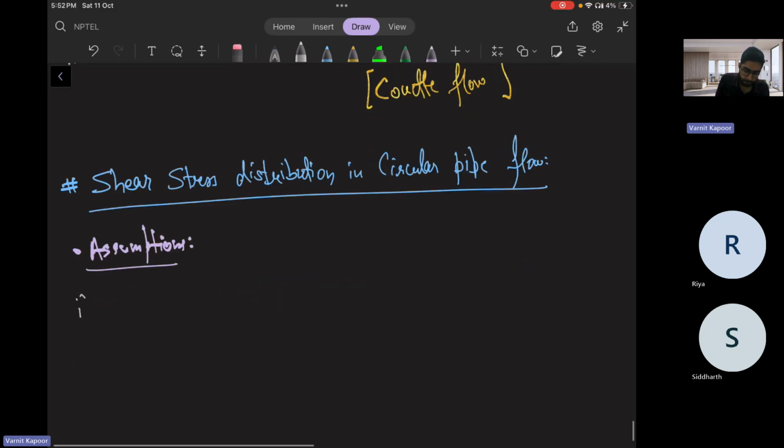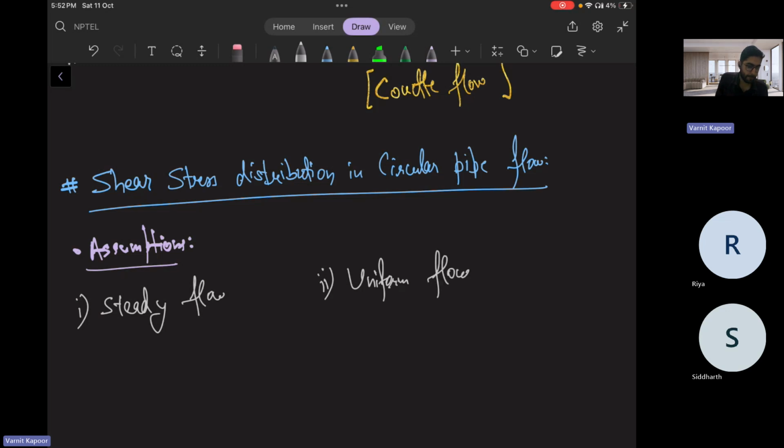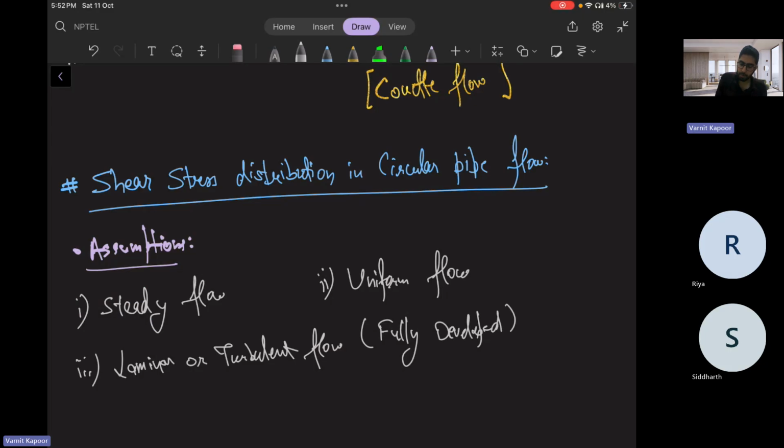So first is steady flow. Second, uniform flow. The flow should be uniform. Third, it can be either turbulent or laminar, but should be fully developed. Okay, these are the three assumptions.